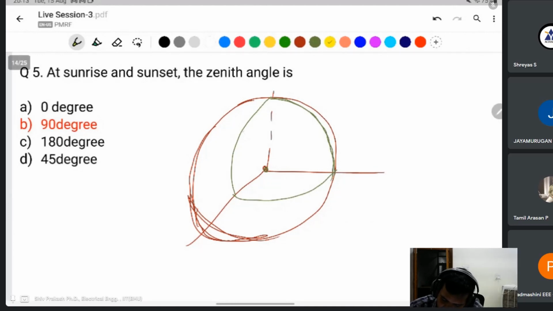At a surface of the earth, take a plane surface and draw a line normal to the surface. This will be the zenith axis.